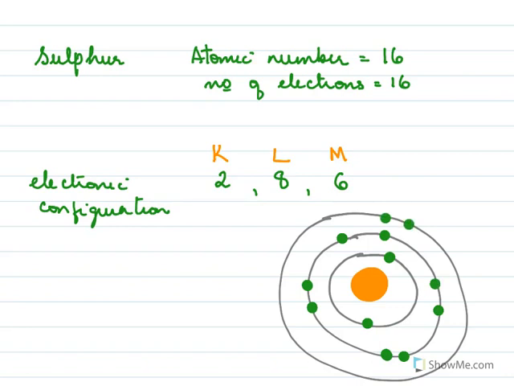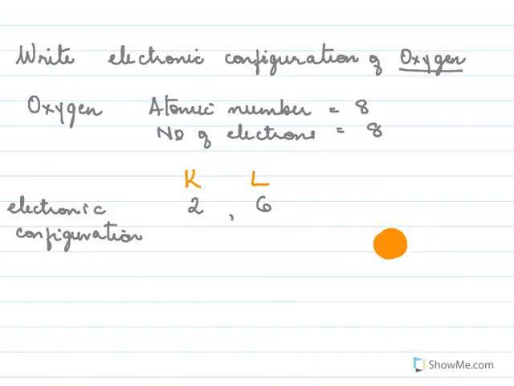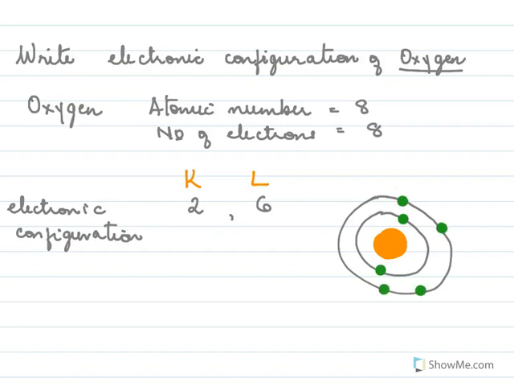And last there are 6. This would be the atom of sulfur. Now for oxygen, it has got 2 shells, the K and the L. In the K shell, always 2, and in the L shell there are 6. This would be an atom of oxygen.